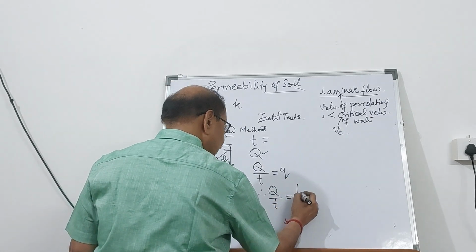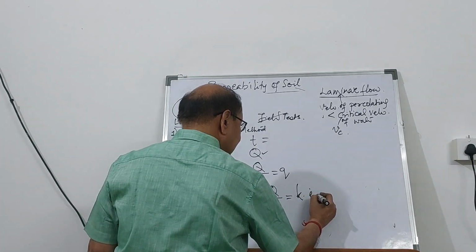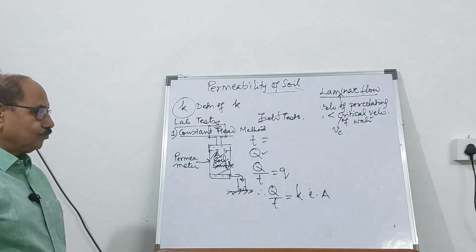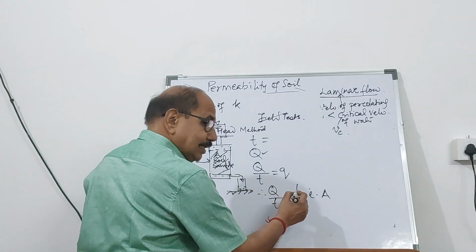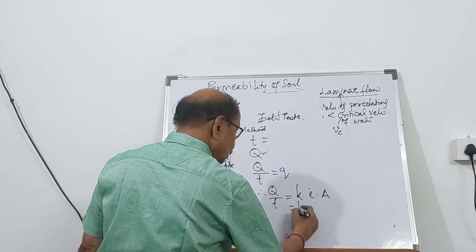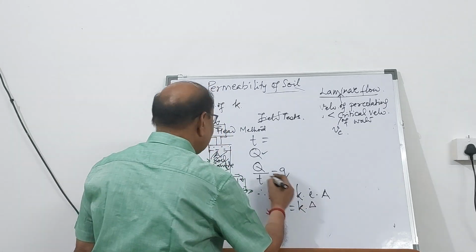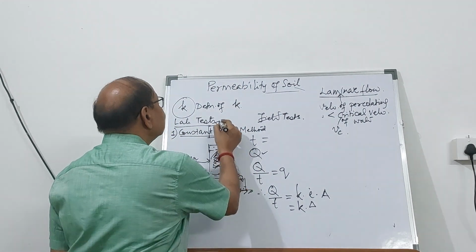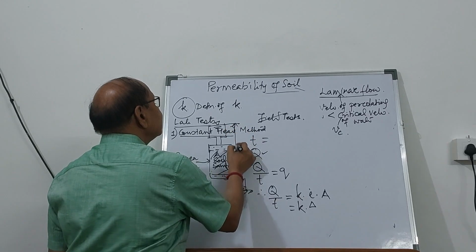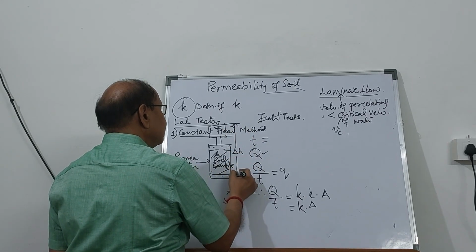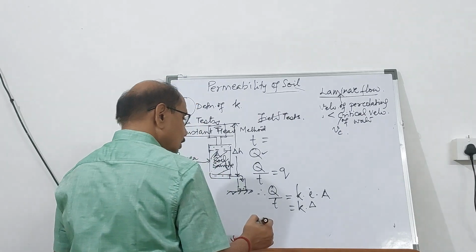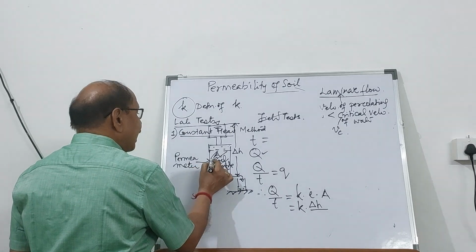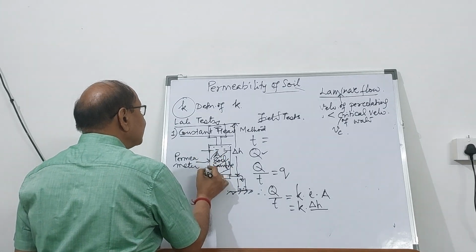Q equal to K, coefficient of permeability, into I, into cross-sectional area of this sample, capital A. And I is the hydraulic gradient. If the total head above this up to here is delta H, the head loss, then it is going to be delta H divided by the length of the sample, passing through the length of the sample.